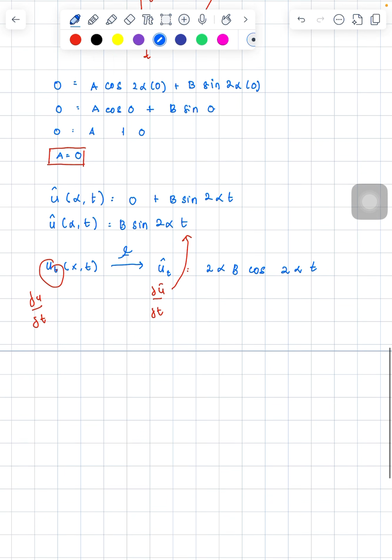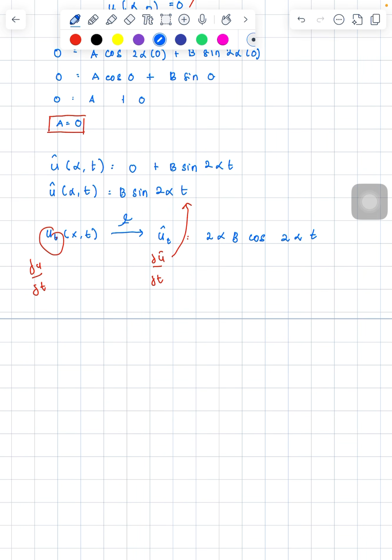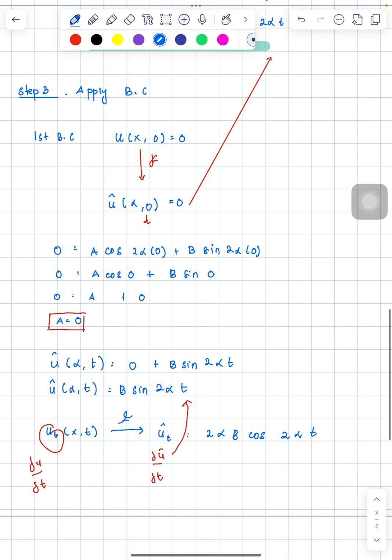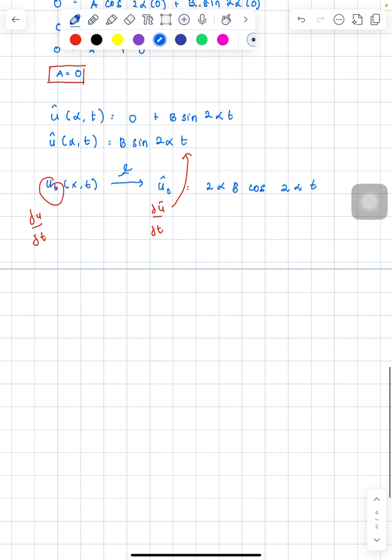Okay, now we apply the second boundary condition. This is our first boundary condition, and now we have to apply the second boundary condition. We have u_t(x, 0) equals f(x).